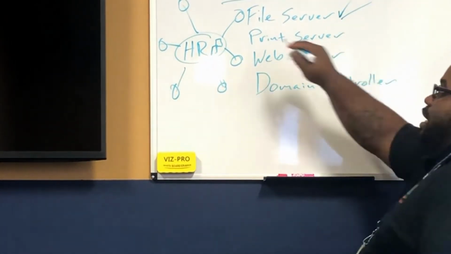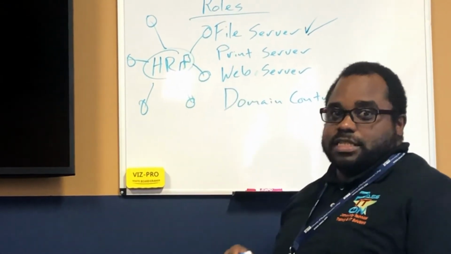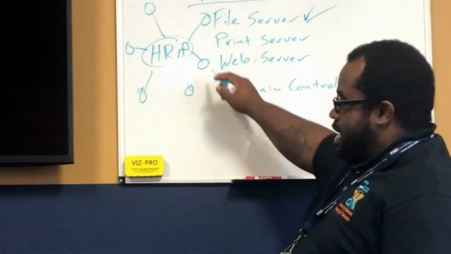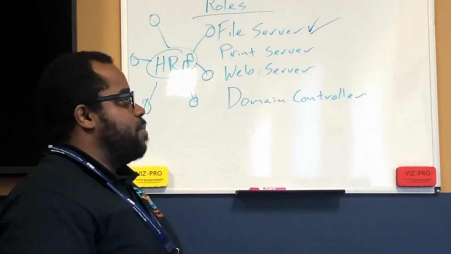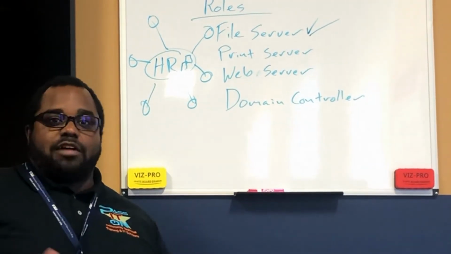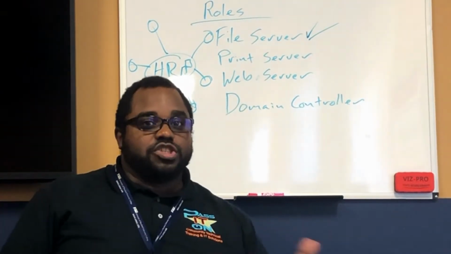Print servers enable us to print. So we've got that same document, and now we need to send it to a printer. In some organizations, everybody has their own printer. If it's a small company, that might not be a big deal. But if I'm a company with hundreds or thousands of people, buying everybody an individual printer becomes super expensive.